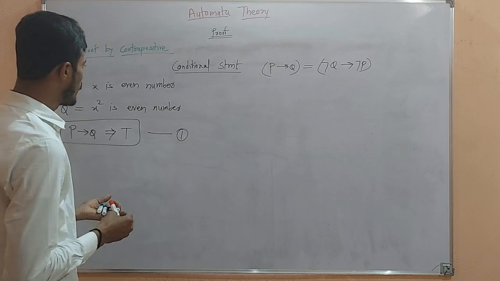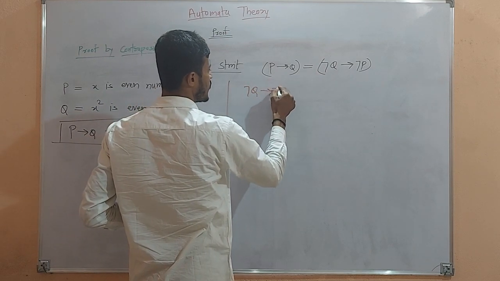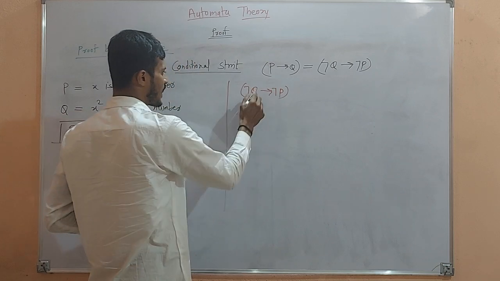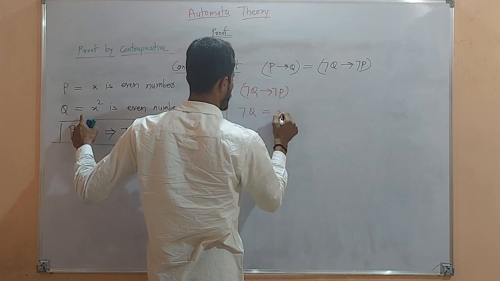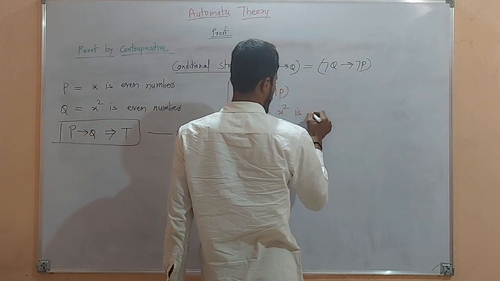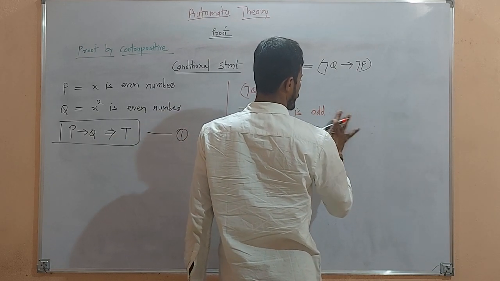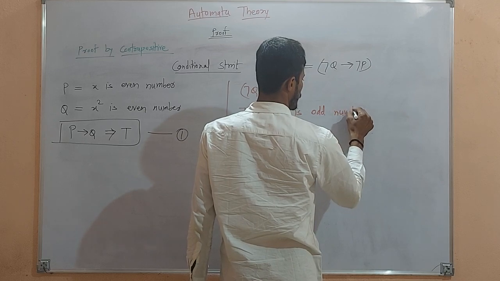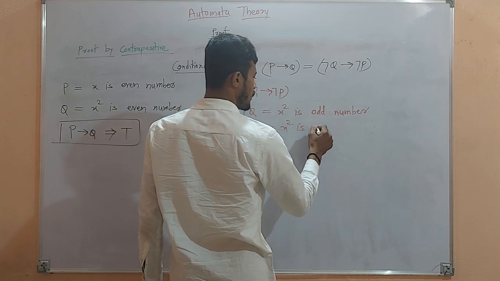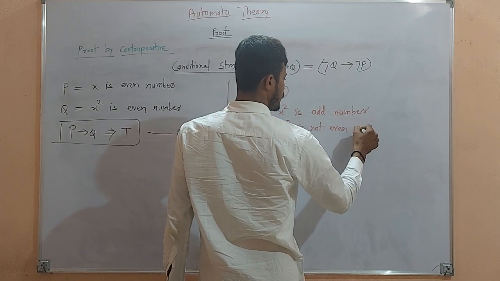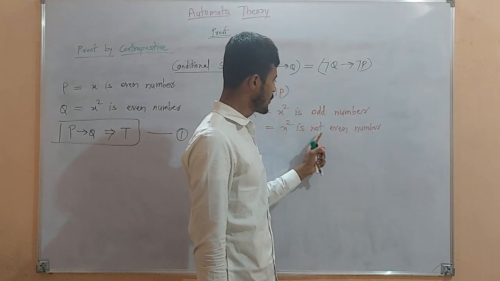Now, if I go for negation Q implies negation P, what will happen? I will write here simply negation Q equals X square is an odd number, or you can say X square is not an even number.